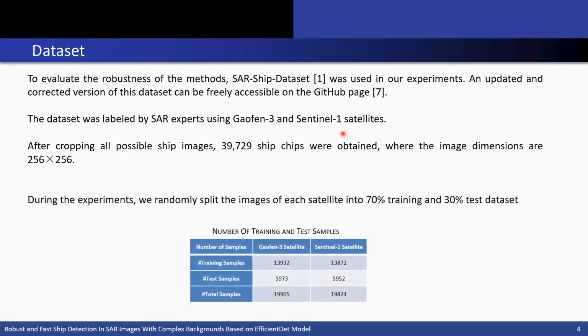During the experiments, we randomly split the images of the dataset into 70% training data, and the rest of the dataset is used in the test stage. You can see the number of training and test samples for the different satellites.